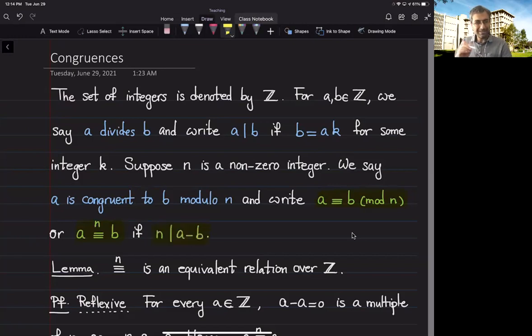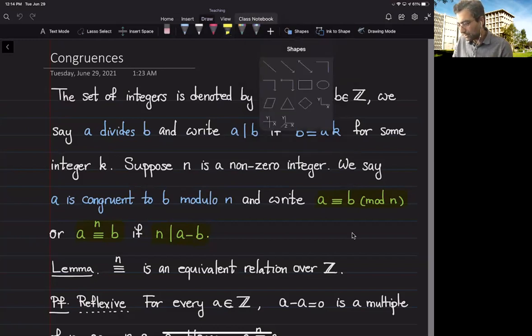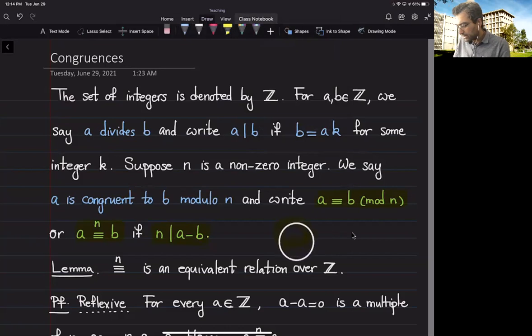If you think about a clock with numbers 1, 2, 3, 4, but there are only n positions on this clock, then a and b will be on the same spot. Essentially, they are giving us the same point on a circle that has length n. I give you this circle, and I tell you that this circle has n spots on it.